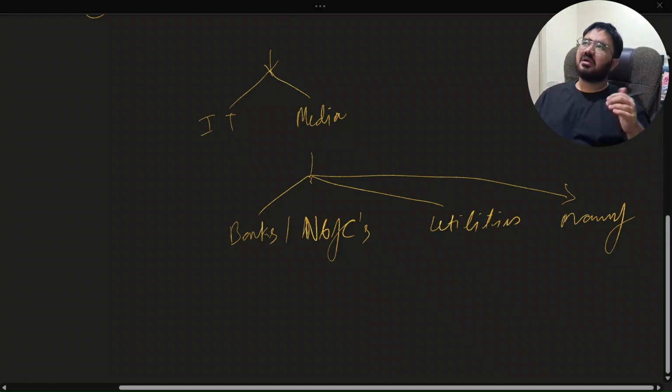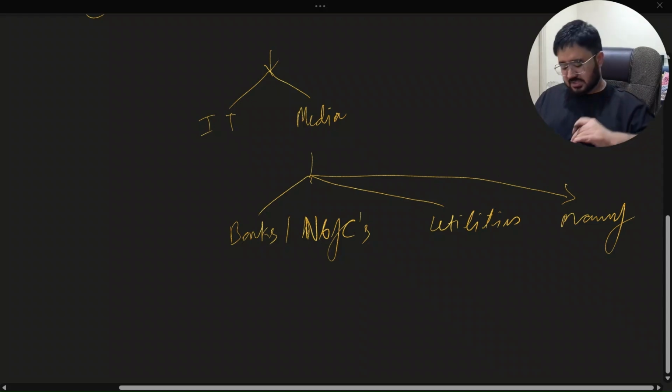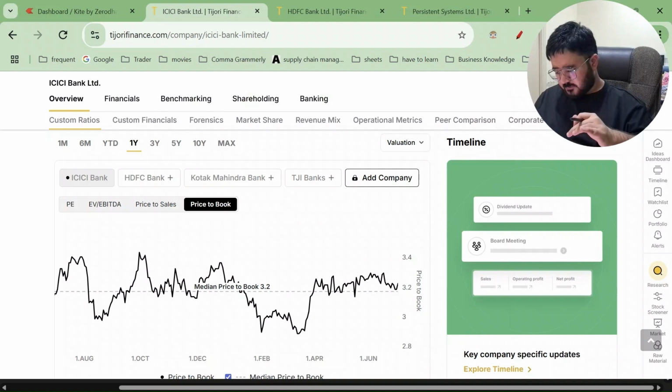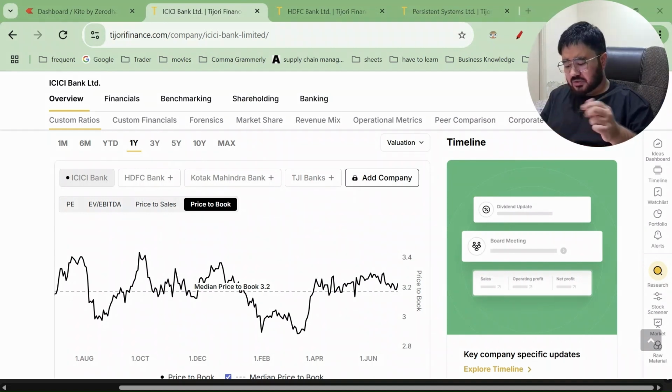Now let's look at few examples. How do we interpret it? Let's go to an example. So you could analyze price to book in two different methods.